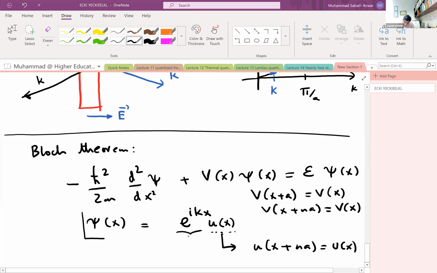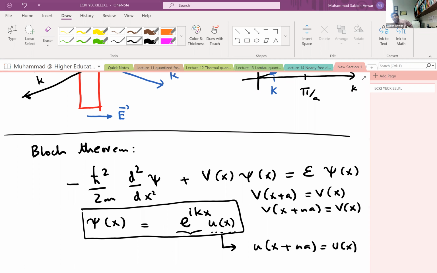So the wave function for an electron inside a periodic potential is really equal to a modulated plane wave, and the plane wave is multiplied by a function which has the periodicity of the lattice.